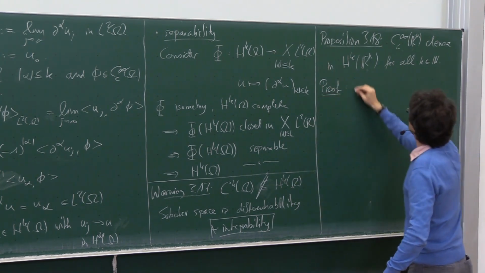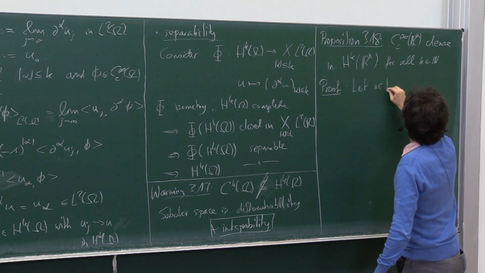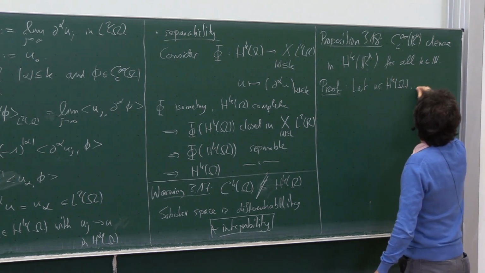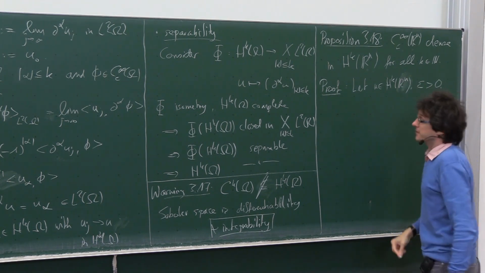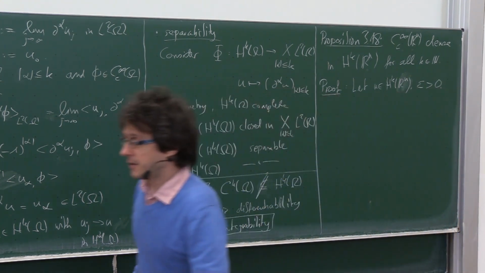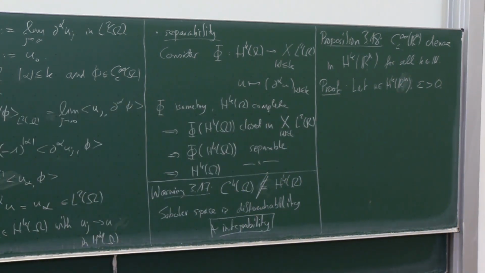So what do we have to do? We take a function u in H^k of R^n, we take some positive epsilon, and we have to find some C_c^infinity function that is less than epsilon away from u measured in the H^k norm.